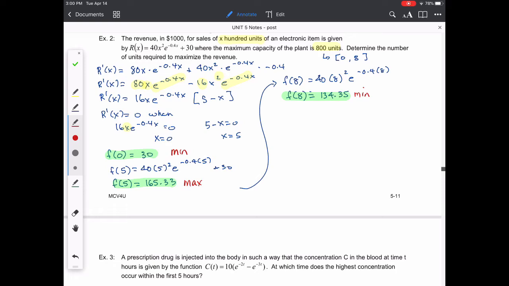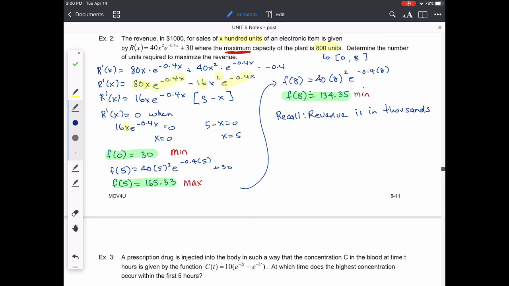So if I read the question, it wants a maximum. So if it wants a maximum, we can therefore say, just recall, revenue is in thousands.